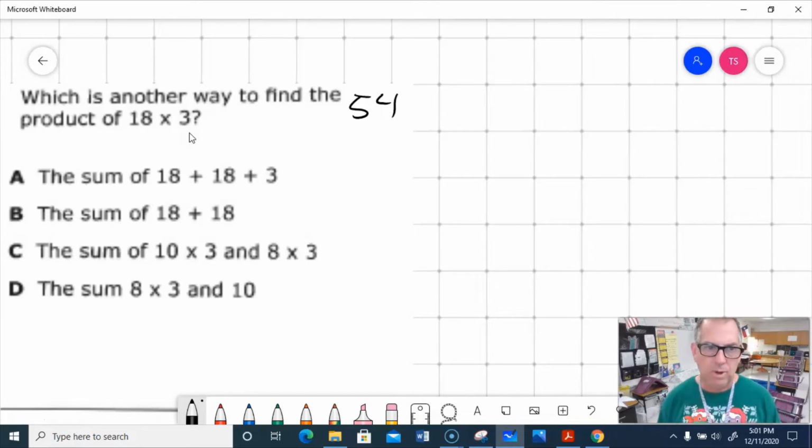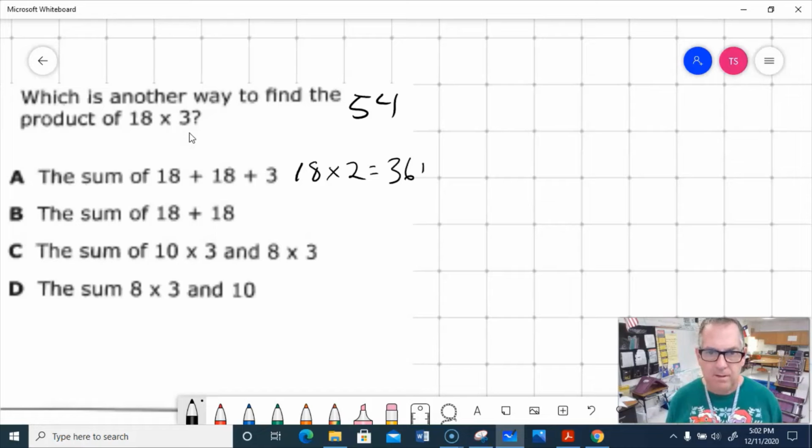So answer choice A, what is the sum of 18 plus 18 plus 3? Okay, we'll check that out and see. I'm going to do 18 times 2, and then I'll add 3 to that. So 18 times 2, or I could say 9 times 4 because I take half of 18, which is 9, and double 2 is 4. 9 times 4 is 36.